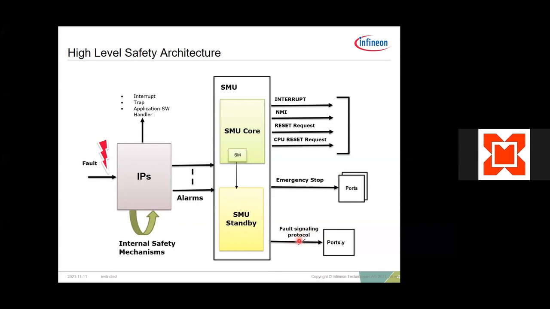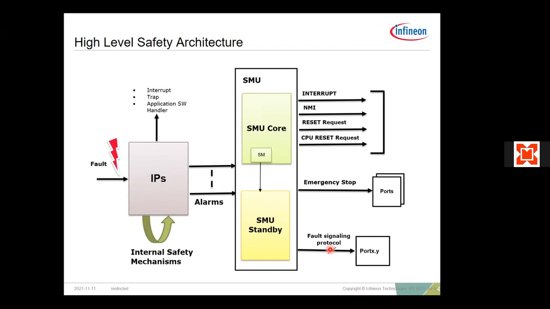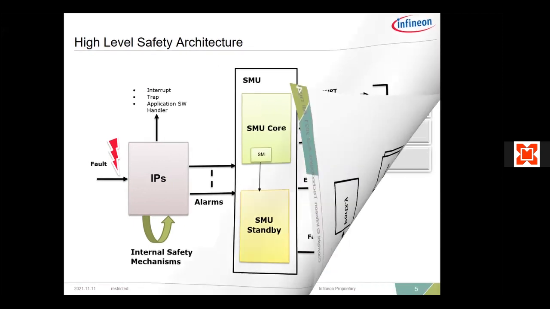So when there is a fault in the MCU, and FSP is enabled for the corresponding alarm, it will generate fault state on this error pin, and the external safe state controller should monitor this and bring this MCU to the safe state.